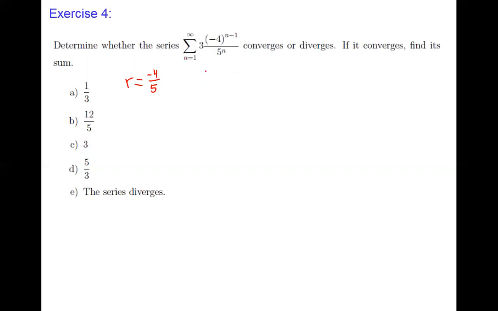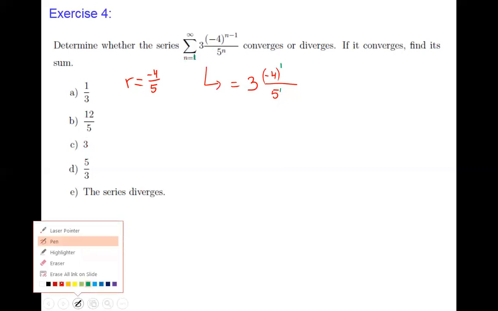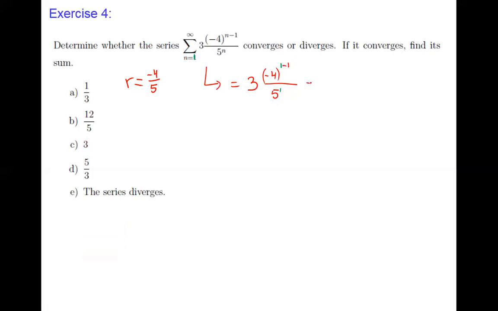Now I can list terms. That means I will have 3, negative 4, and 5, and the first term is defined for n equals 1. That means I will put 1 instead of n. And then the second term will be negative 4 taken to the power of 2 minus 1.